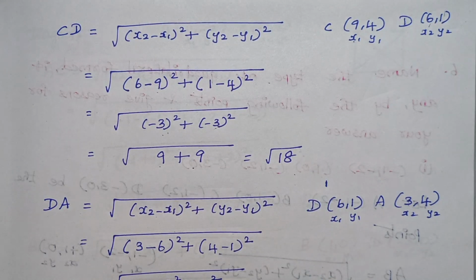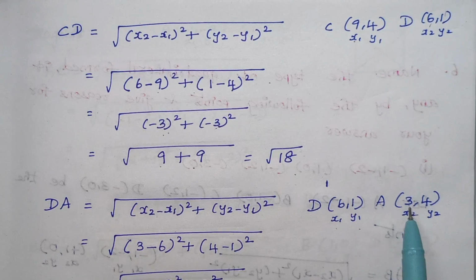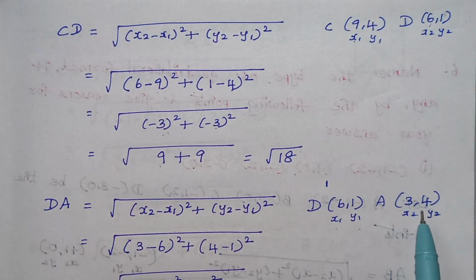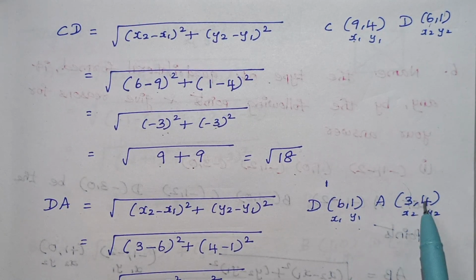The next thing is we are finding DA. So D gives x1, y1, A gives 3, 4, and it's up to you, even you can find AD also. Both give the same answer. So now x2 minus x1, so 3 minus 6 the whole square plus 4 minus 1 the whole square.